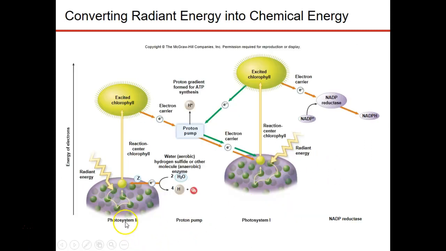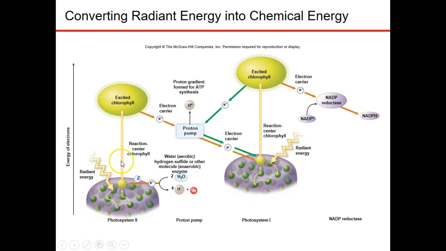In non-cyclic photophosphorylation, you're going to have water taken in by the organism. Water is going to be oxidized. The electrons are going to move into the reaction center of photosystem 2. Sunlight energy comes in and is taken in by the chlorophyll molecule and is going to activate the electrons.